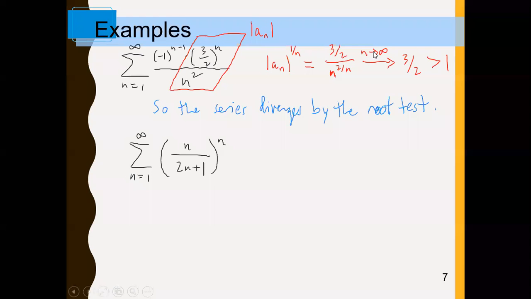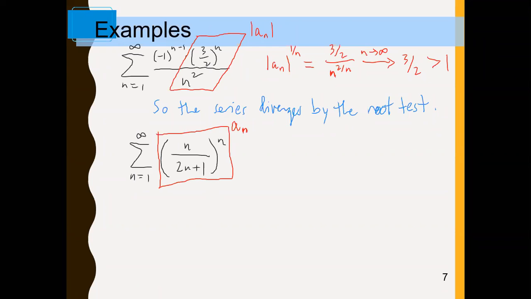All right, so this one should have collapsed rather quickly. In this case, what is our a_n? So this is a_n.